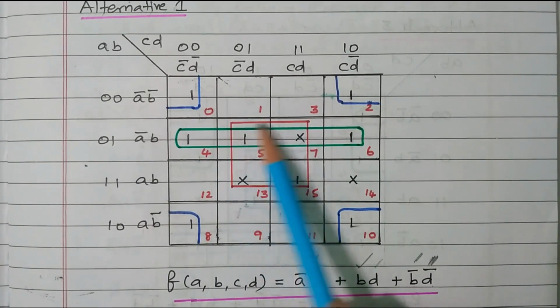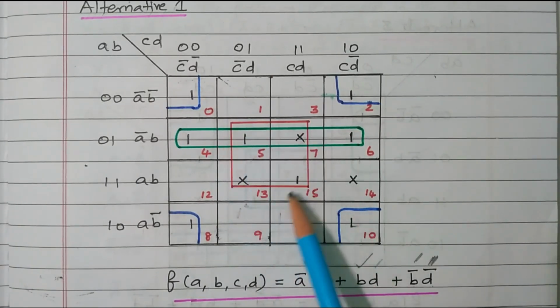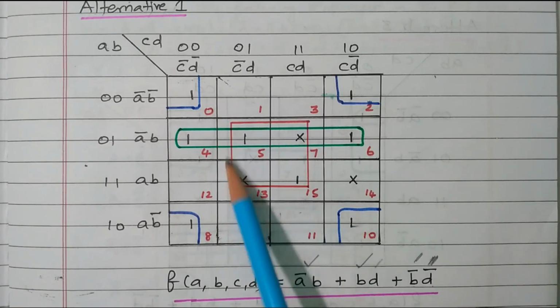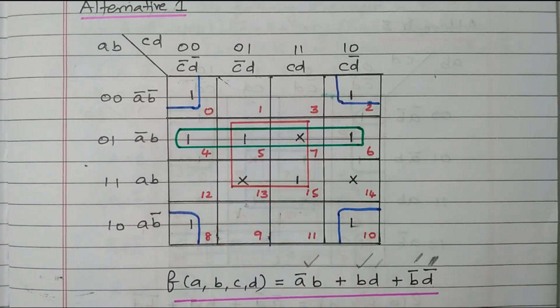So for the grouping of these 4 cells at the center, we got BD, right? So we got the final value A bar B plus BD plus B bar D bar, right? Now we'll go to the second alternative. What is the second alternative available for the grouping of these cells?